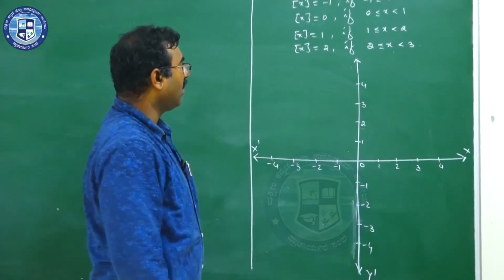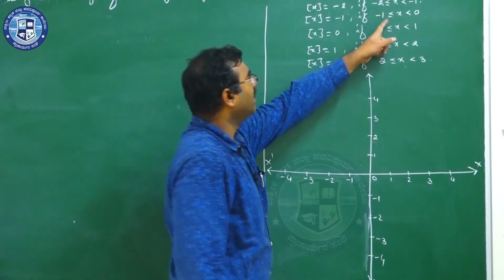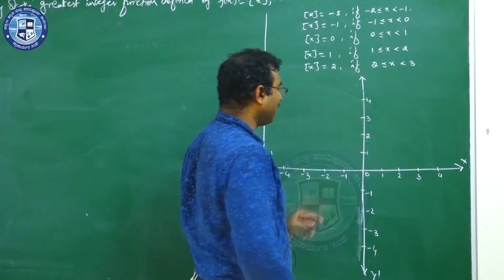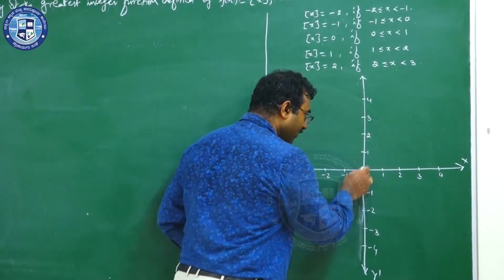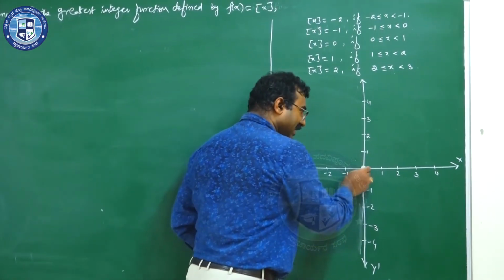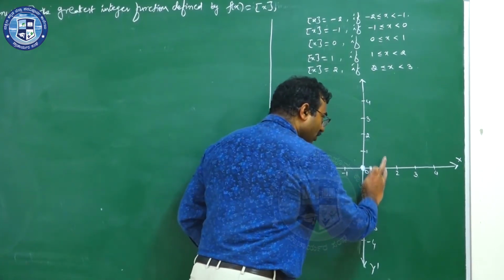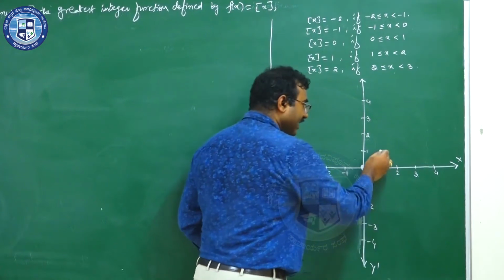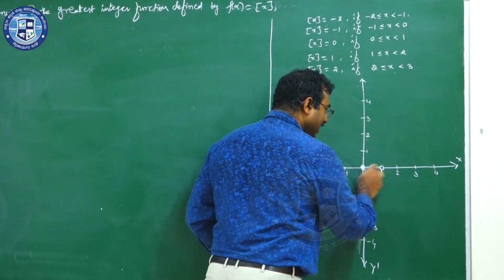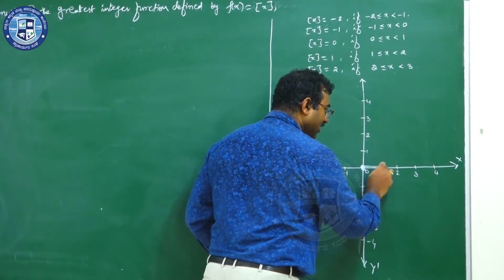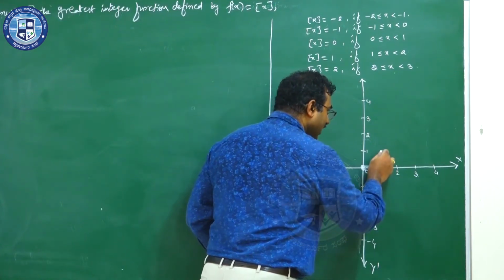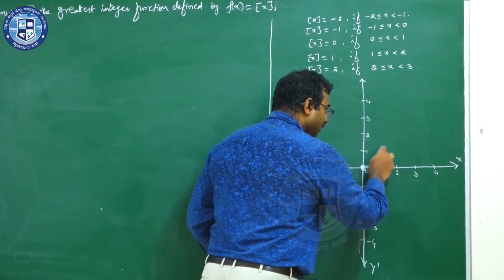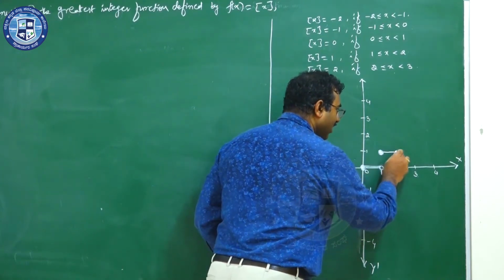Now see that between 0 and 1 the value is 0. At 0 it is 0 only, a thick dot, but when it comes to 1 there is a hole. It jumps to 1 here. So till this extent it will be 0. Next, when x is 1 it jumps to 1, and a thick dot comes here, till 2.